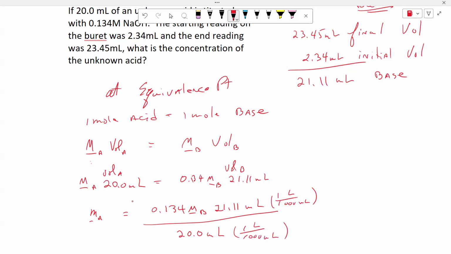Okay, and these guys are just to convert the milliliters to liters. Okay, and those again are going to cancel. So really all we're doing is we're multiplying 1.34 times 21.11 divided by 20.